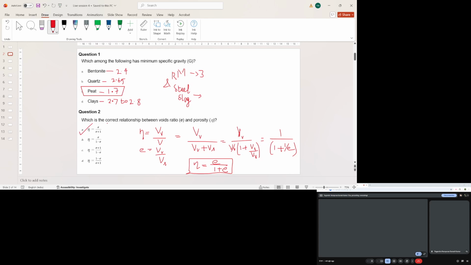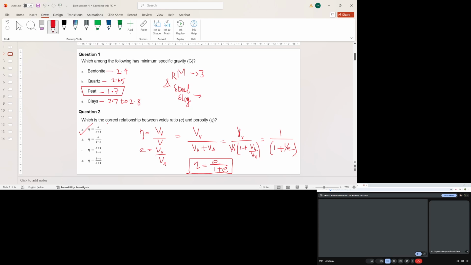Now let's extend this discussion a bit. In soil mechanics, porosity is a term usually people try to understand easily. However, the term voids ratio is used widely to determine the state of the soil.